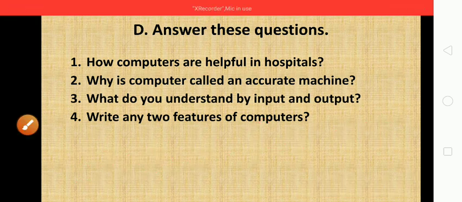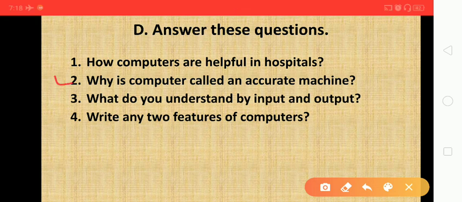Next question is, why is a computer called an accurate machine? Because it does not commit mistakes. It does not make mistakes.